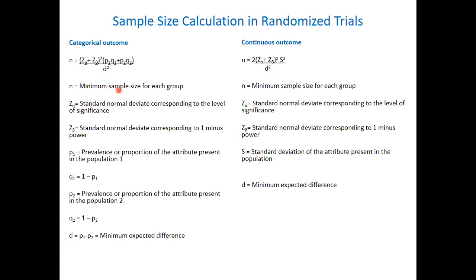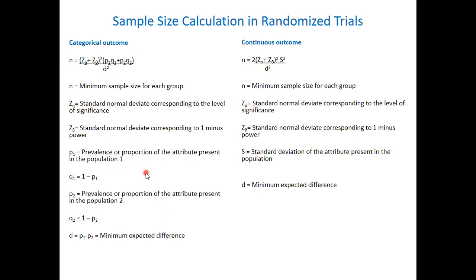That is what the D is. Otherwise, it's very close to the other one. Now, minimum sample size, standard normal deviation corresponding to the level of significance. Then this is power criteria. Then P1, prevalence of attribute present in population 1, then in population 2.